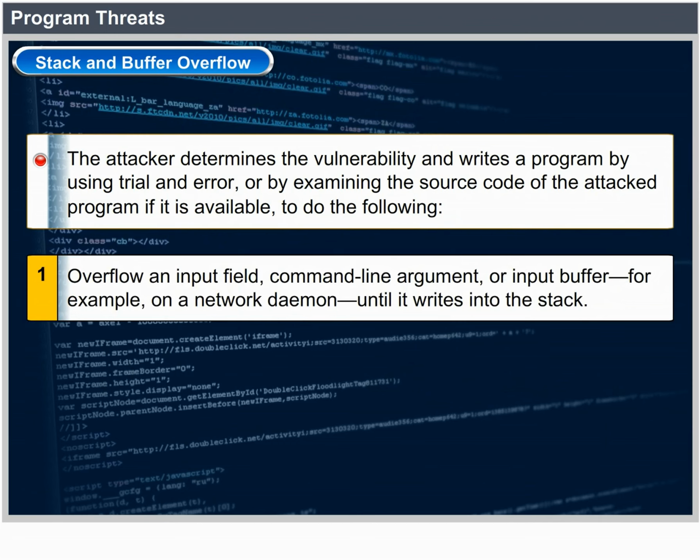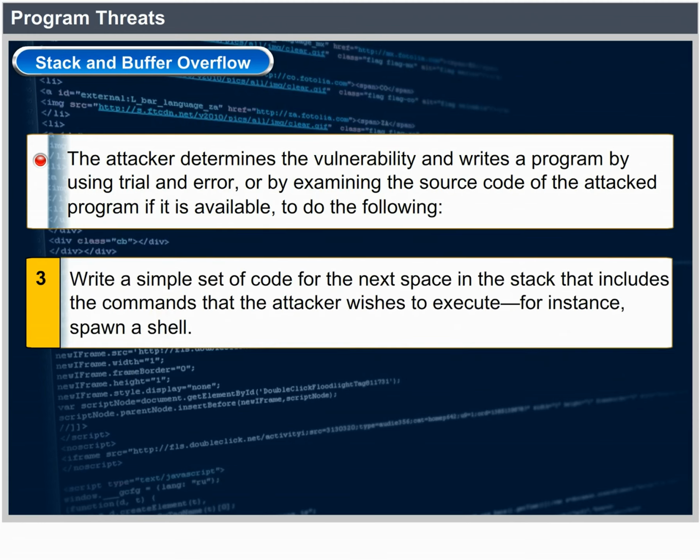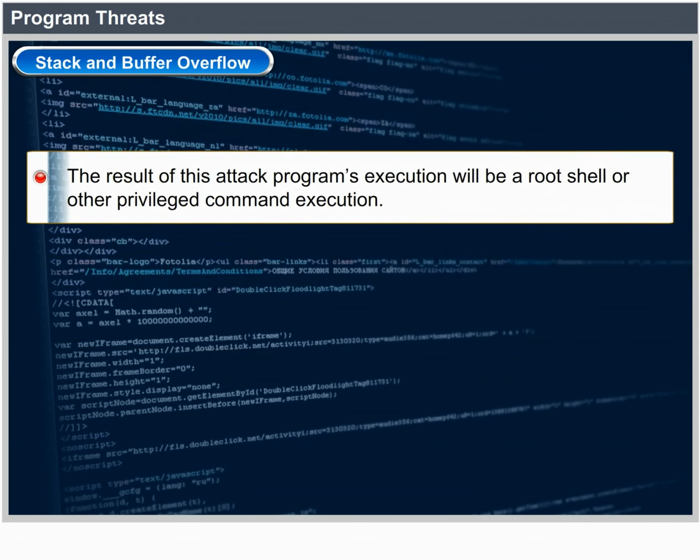Overwrite the current return address on the stack with the address of the exploit code loaded in step 3. Write a simple set of code for the next space in the stack that includes the commands that the attacker wishes to execute, for instance, spawn a shell. The result of this attack program's execution will be a root shell or other privileged command execution.